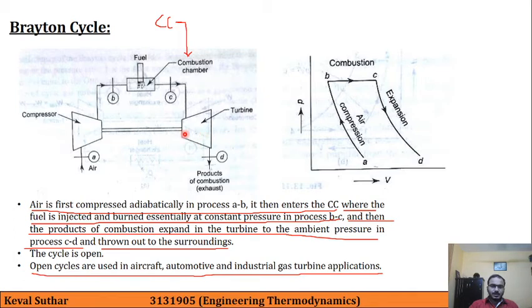The turbine and compressor are joined with a common shaft, so that the turbine itself runs the compressor, and we don't require any extra work input from outside. Here only three processes are there and the cycle is not completed, that's why this is called an open cycle. Compression and expansion are essentially isentropic, and combustion is an isobaric process.